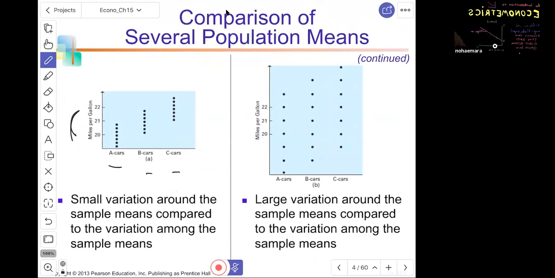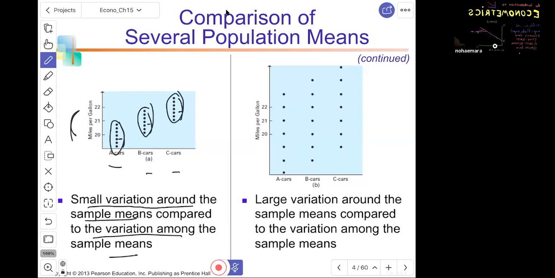As you can see here, I have small variation around the sample means. Here, they have a certain sample mean, and they're kind of close together, compared to the variation among the sample means. So the variation between is bigger as compared to the variation within.